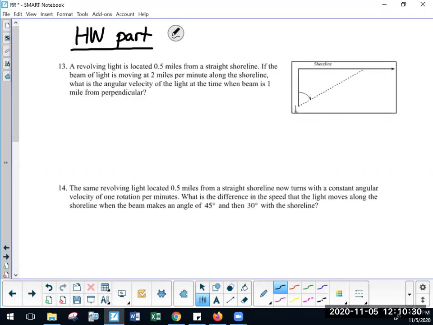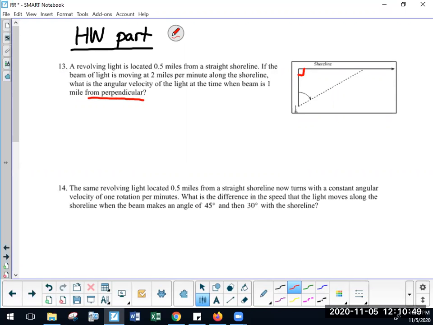This is really a difficult question to figure out what to do with, but I feel pretty comfortable looking at this, and since it talks about the perpendicular, thinking about how this is a right triangle. Make sense? Okay.